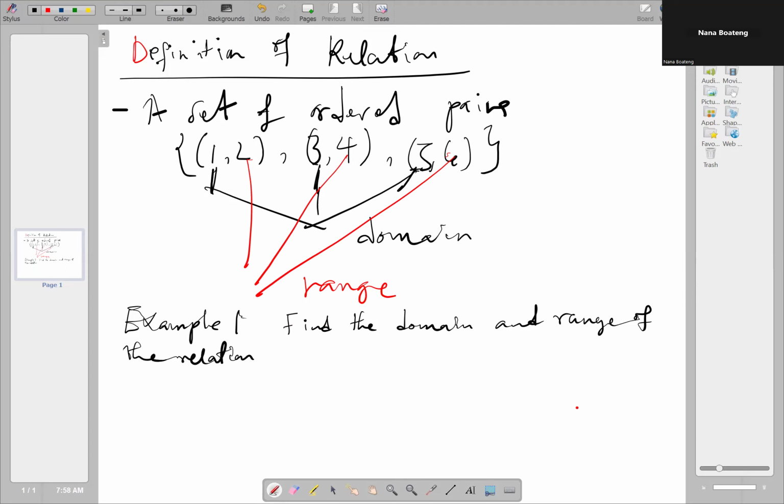The relation is this set of ordered pairs: (0, 1), (8, 7), (1, 2), (1, 2), (2, 2), (2, 5), and (3, 3), (3, 3).